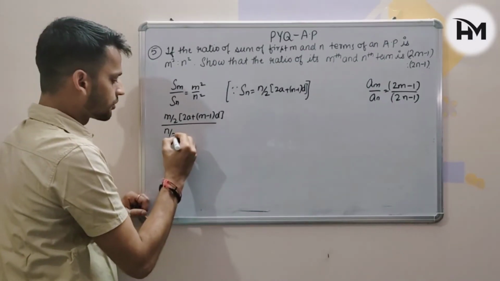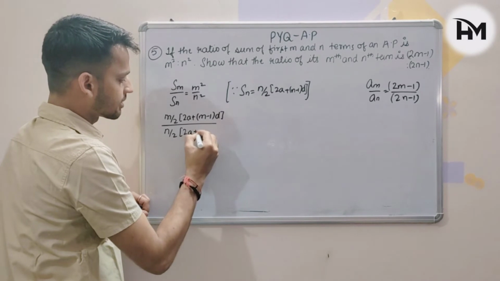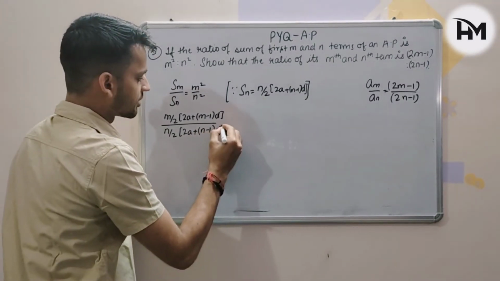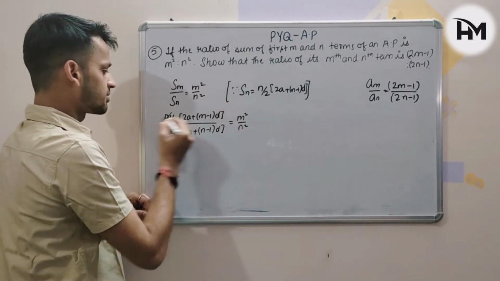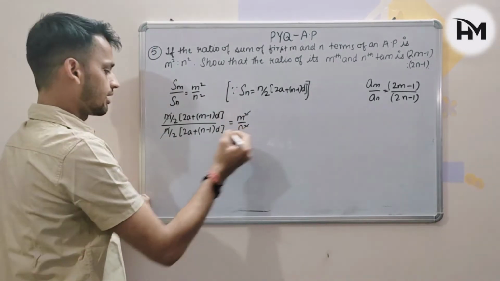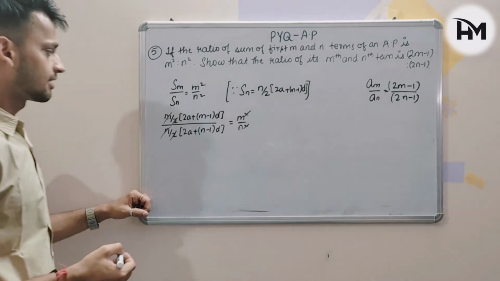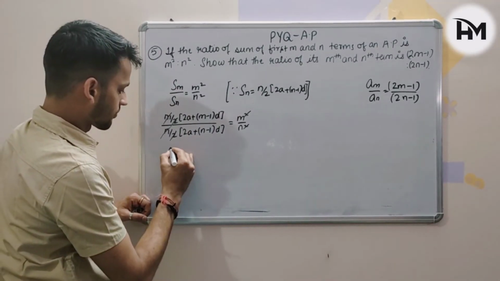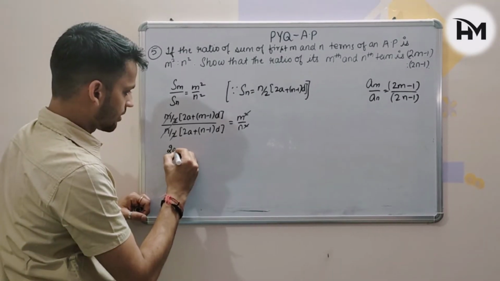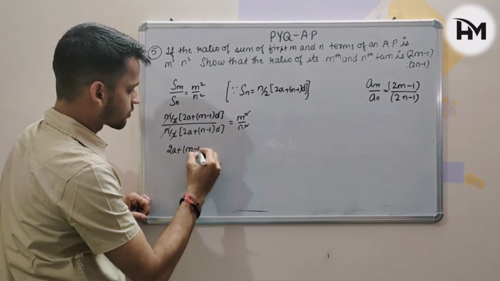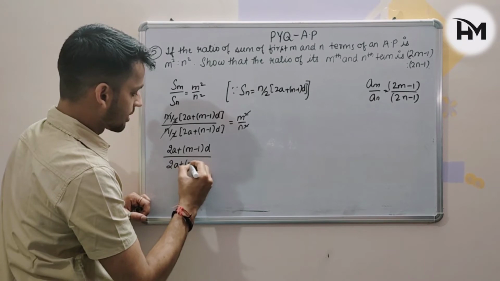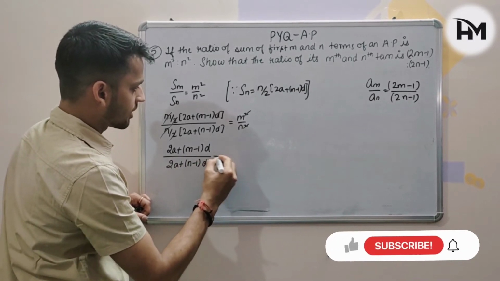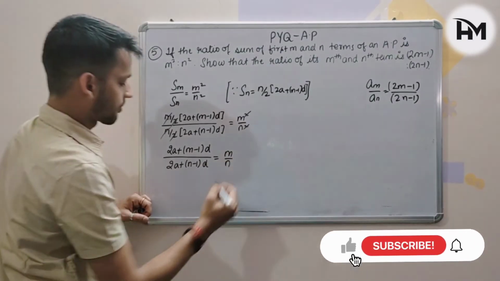What will Sn be? n by 2 times 2a plus n minus 1 times d, and this ratio is equal to m square by n square. m cancels with m, n with n, and 2 with 2, we can cancel like this. So what is left? 2a plus m minus 1 times d upon 2a plus n minus 1 times d equals m by n.